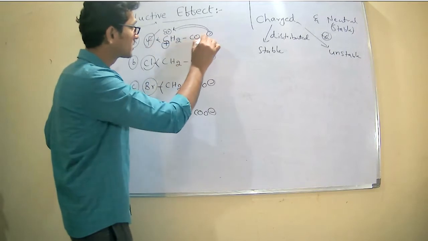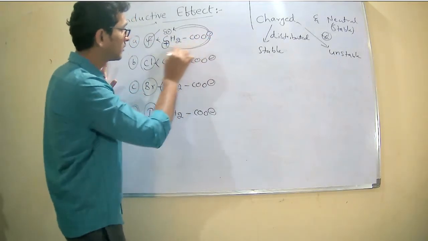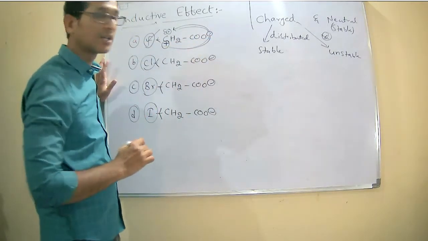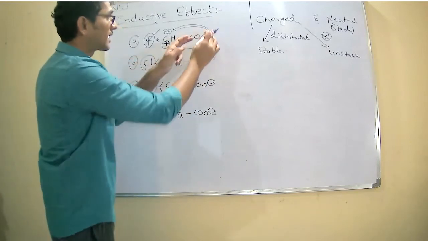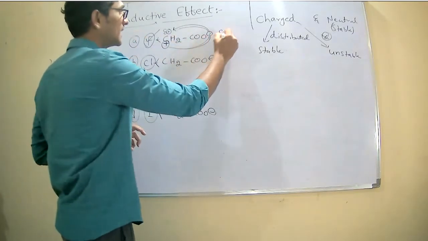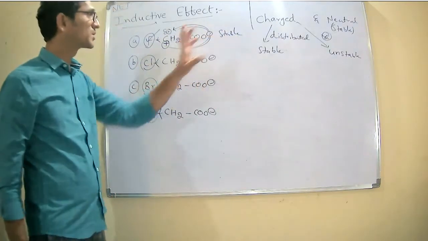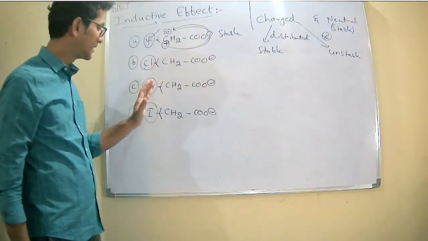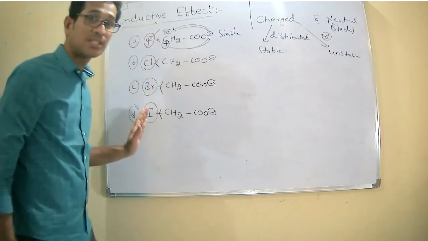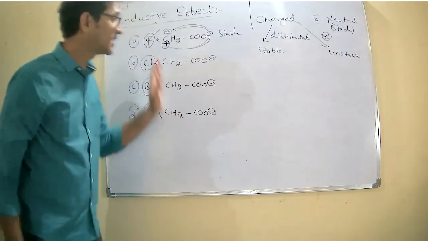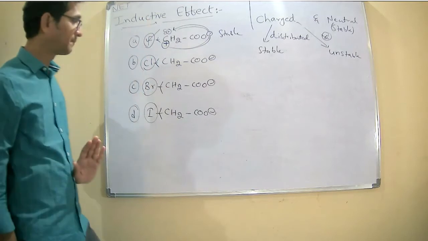Once the positive charge develops, it is readily involved in the electron distribution. So it readily becomes neutralized and is said to be more stable. Then followed by this and this and this. So this depends on the electronegativity of the particular atom.